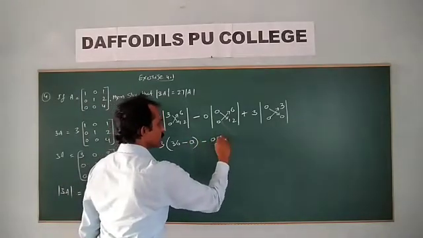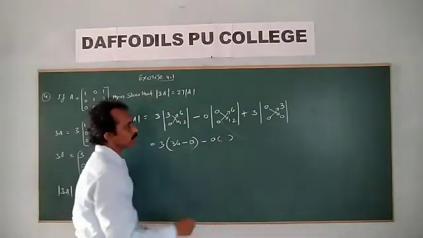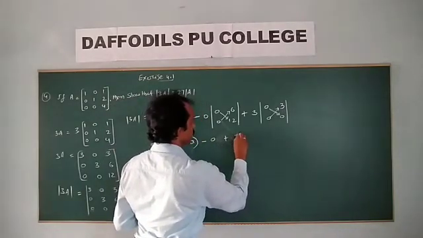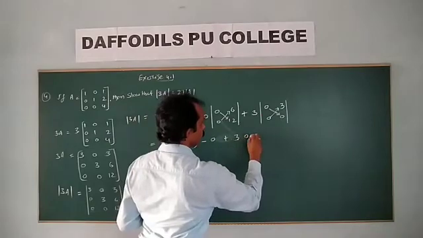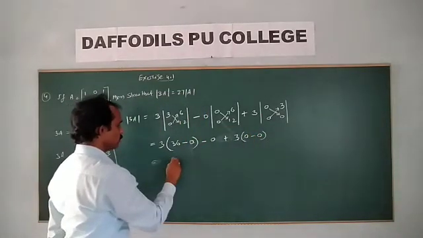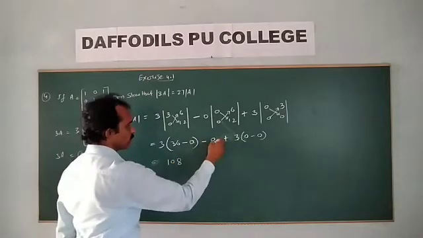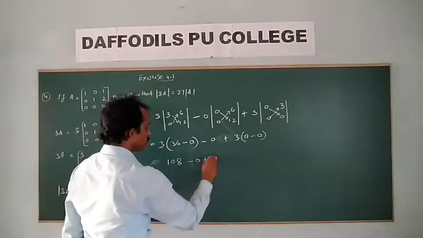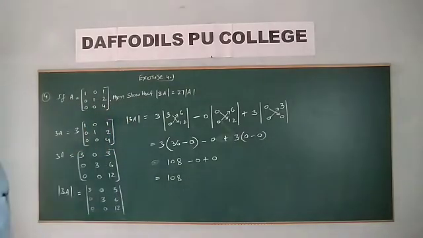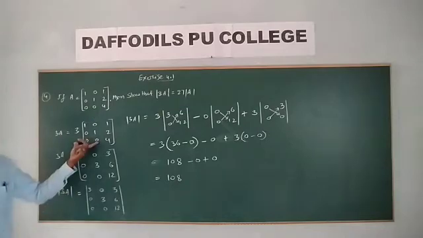Minus 0 into something is 0. Plus 3 times (0 minus 0). So finally this value is 108 minus 0 plus 0, which equals 108. So this is how a 3 by 3 determinant is calculated.